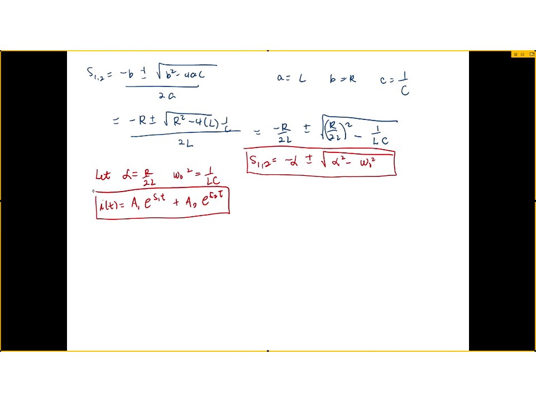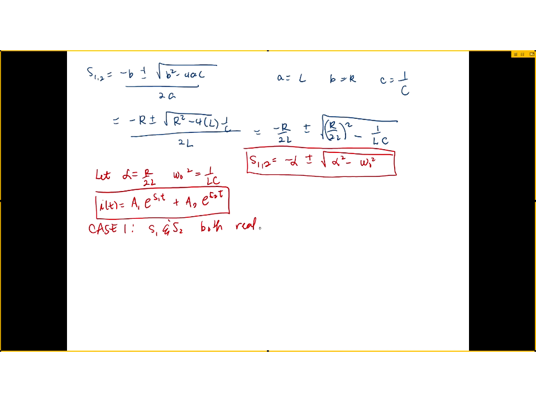The case when both are real, the case when they're identical, and the other one is the case when it's a complex root. And we will see how the behavior of i depends on those cases. So we're going to look at different cases. Case 1 is when s1 and s2 are both real numbers.